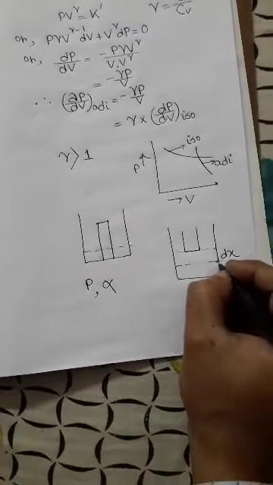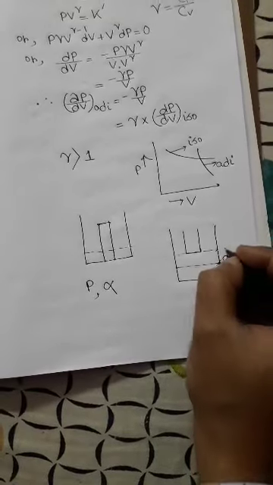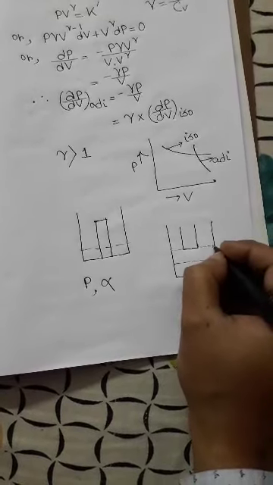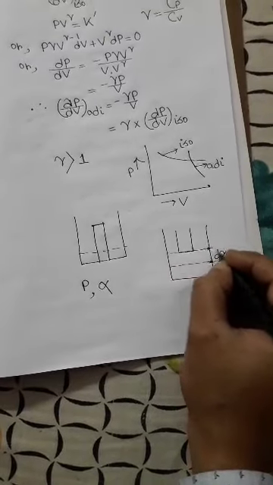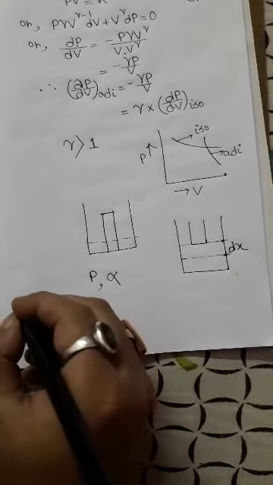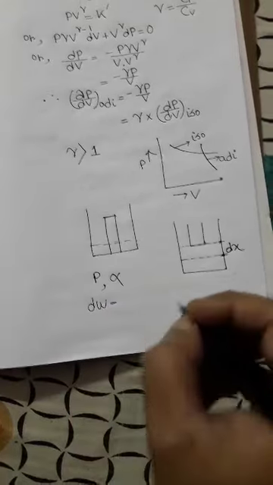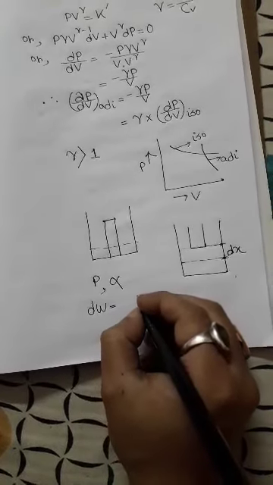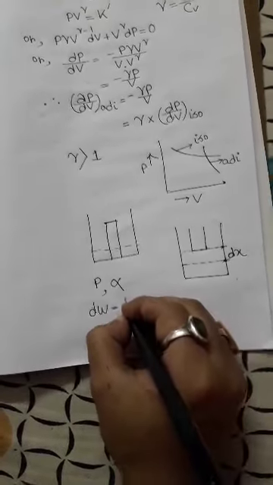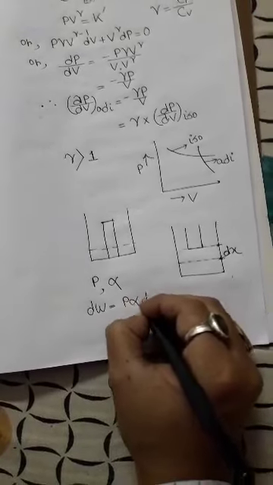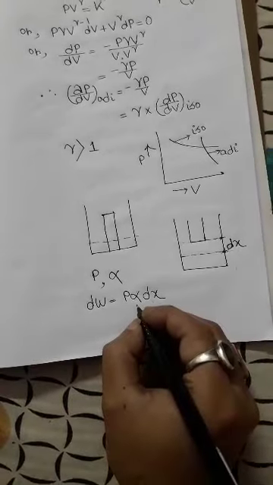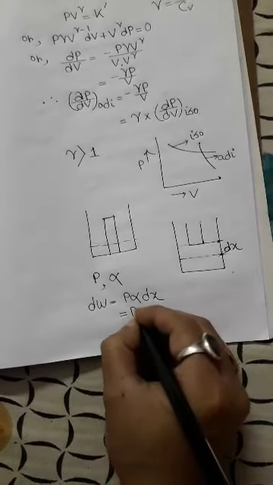Suppose the piston moves from the initial position to a new position, and this small displacement is dx. What will be the amount of work done by the gas due to the small displacement dx? That is force multiplied by distance, and force is pressure multiplied by area. So this is P into alpha into dx, and alpha into dx is nothing but dV.